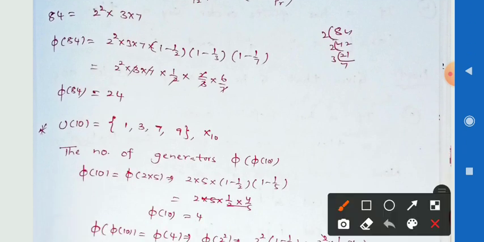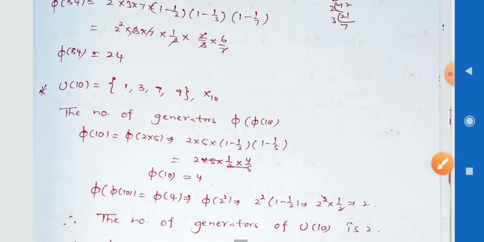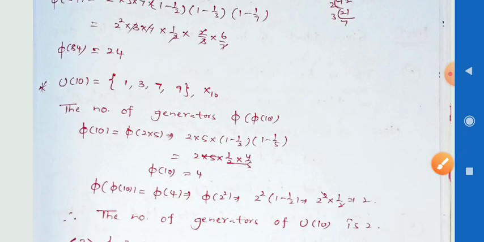Now another group is given, U10 is equal to {1, 3, 7, 9}. These are the relatively prime numbers 1, 3, 7, 9 under multiplication modulo 10.